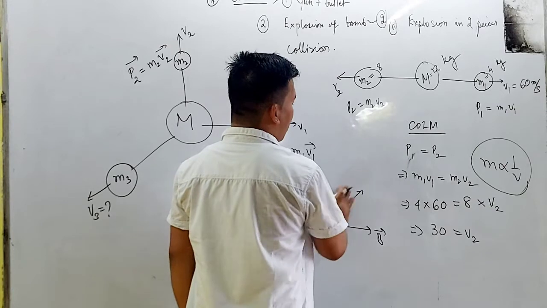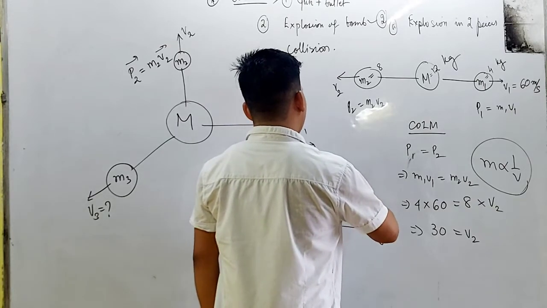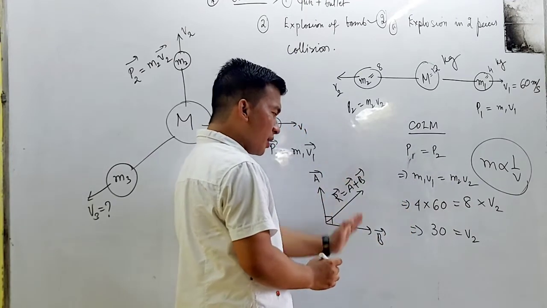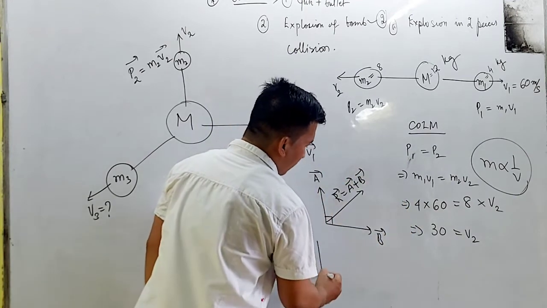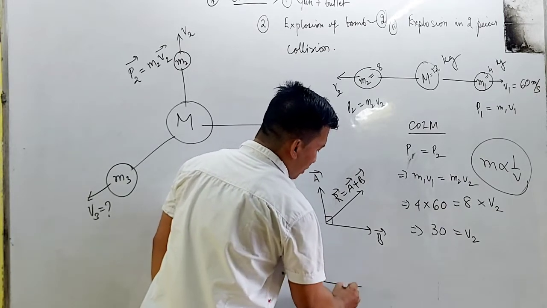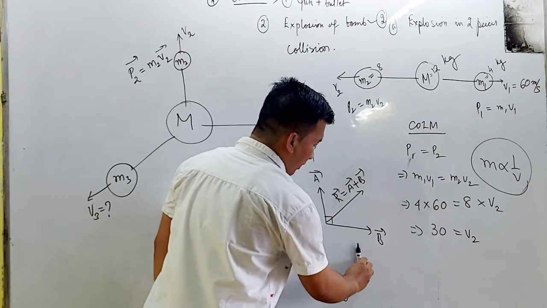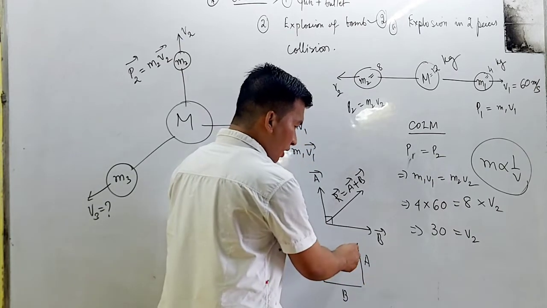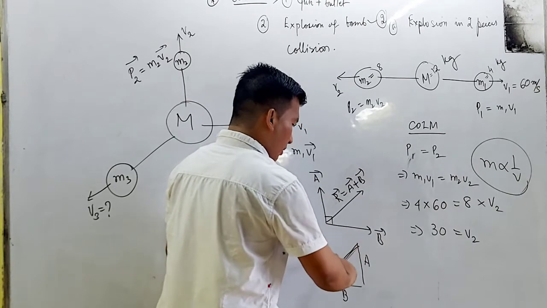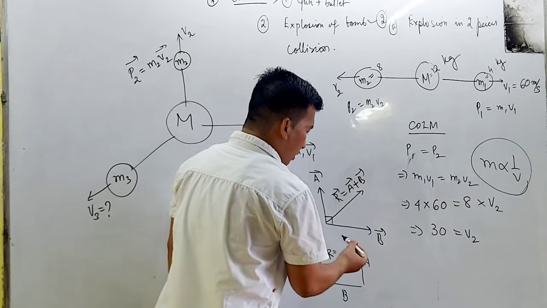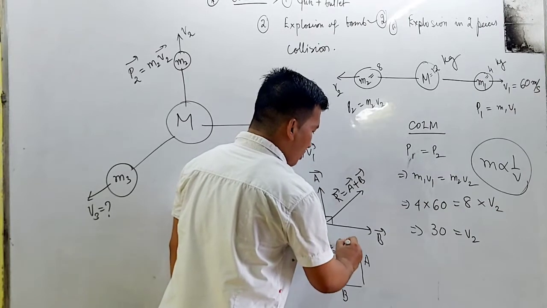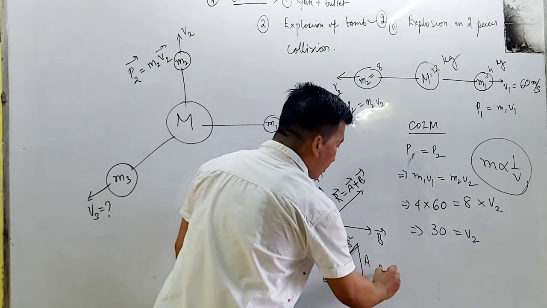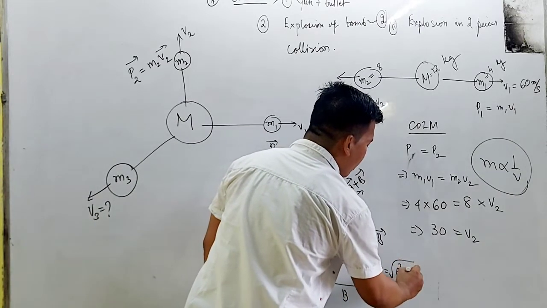In terms of vector equation, R vector is equal to A vector plus B vector. In terms of magnitude, this is your A and this is your B, so A is displaced over here. By Pythagoras theorem, R square is equal to A square plus B square, so R will be root over A square plus B square.